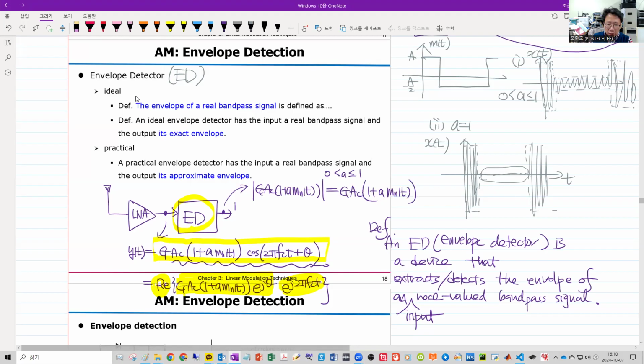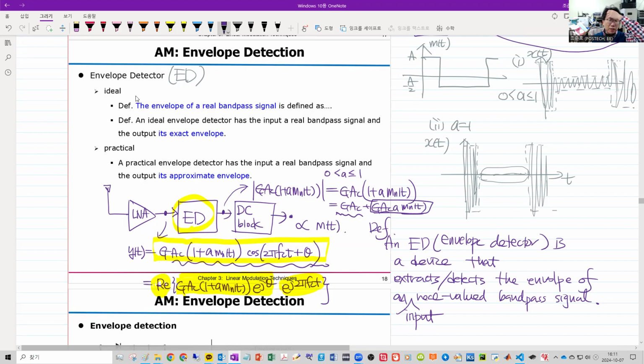And now here is a filter that blocks DC. So there goes a DC block filter, which means that this term G A_c is blocked, and then we have what? Eventually we have something that is proportional to the second term, which is again proportional to the message.